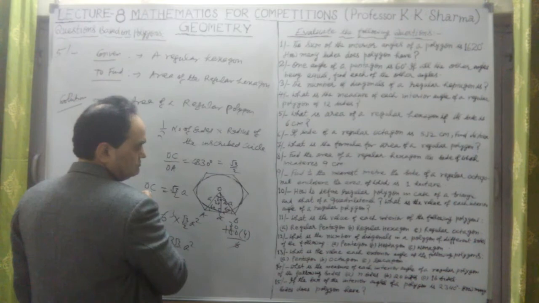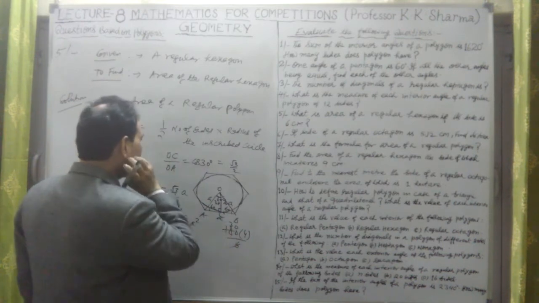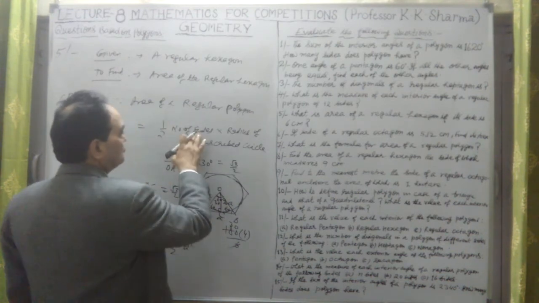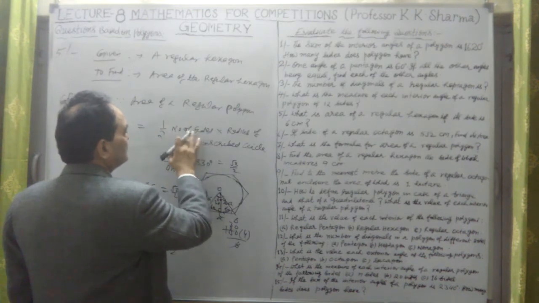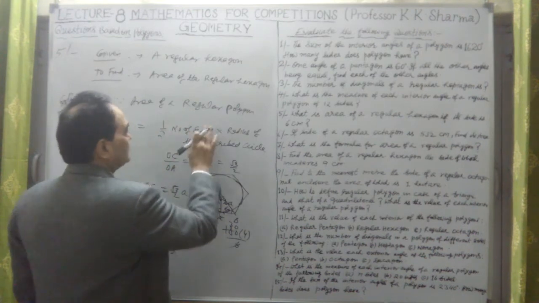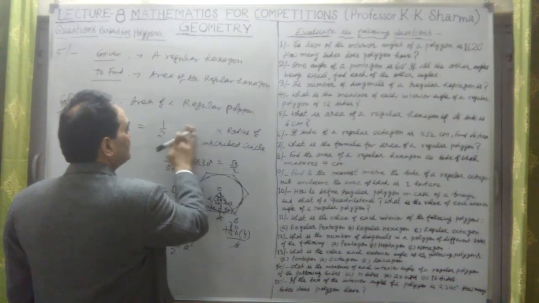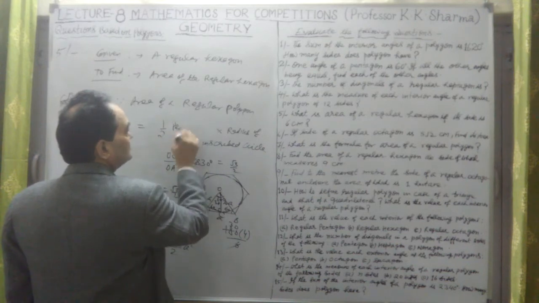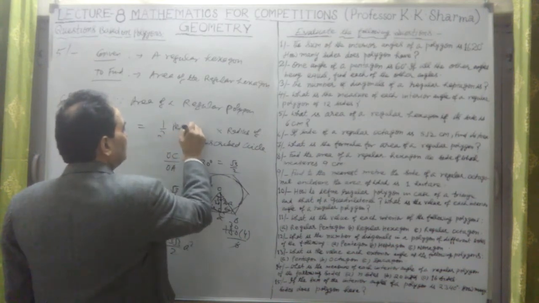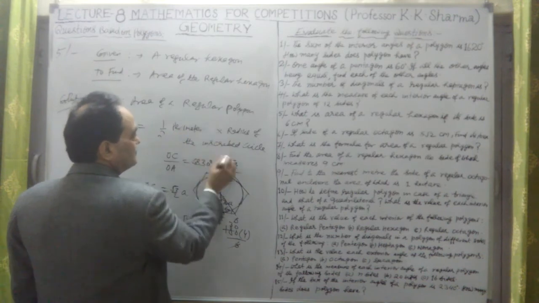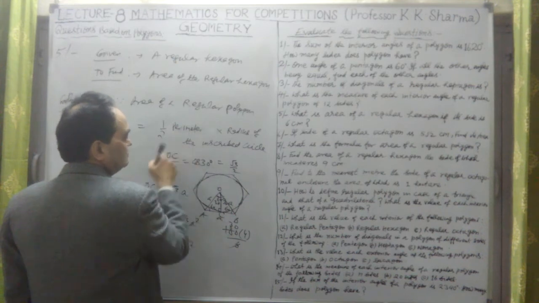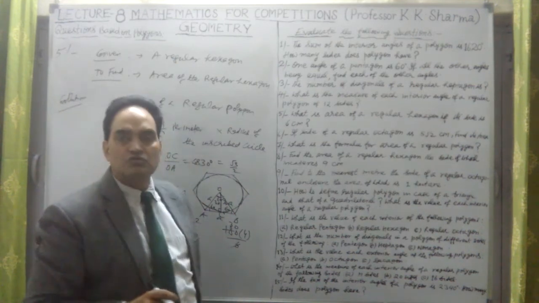Or if I take the number of sides 6A, we have to put here 6A, not number of sides but the perimeter of the regular polygon. This is the perimeter here, so it is 6 into A, perimeter into radius of the inscribed circle. This is okay. Now the formula is this, perimeter in this case is 6 into A.